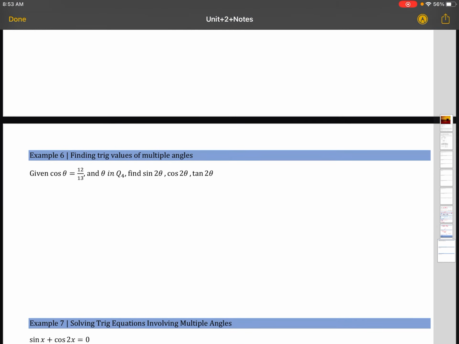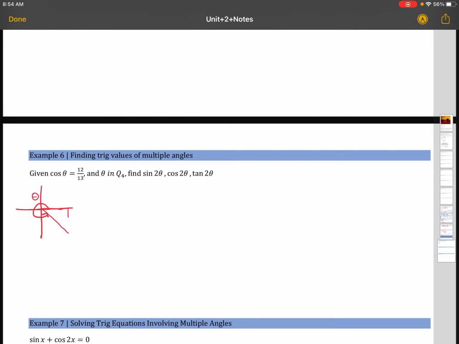So cosine theta is 12 divided by 13, and theta is in quadrant 4. We need to find the values of sine 2 theta, cosine 2 theta, and tangent 2 theta. So first, theta is in quadrant 4, so we'll say this is our angle theta.